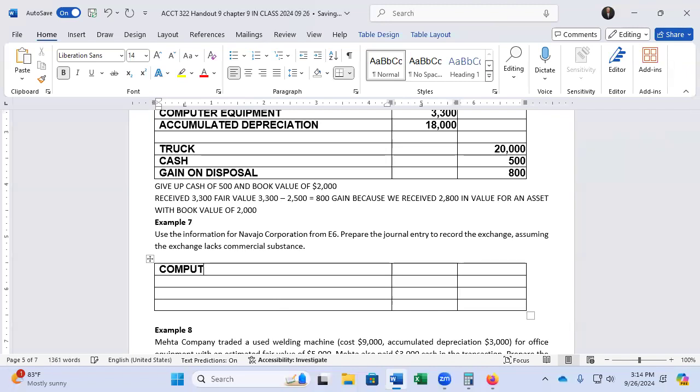So computer equipment would be 3,300 minus the 800. And so we would record it at 2,500. We'd still have accumulated depreciation. We would have to get rid of the truck, and we would reduce our cash.